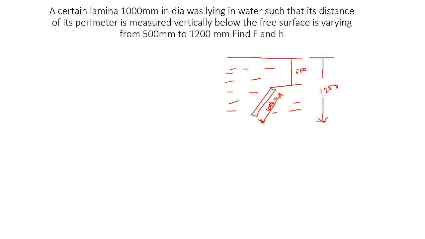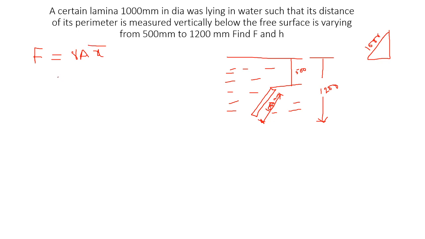Here I am taking this portion, this length is 1000, and from here to the centroid. Force equals gamma into area into x bar.